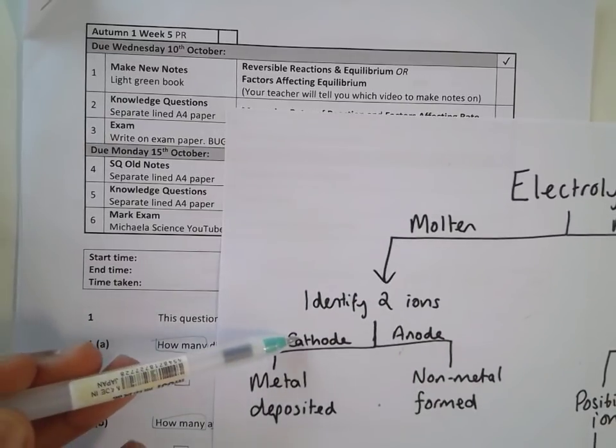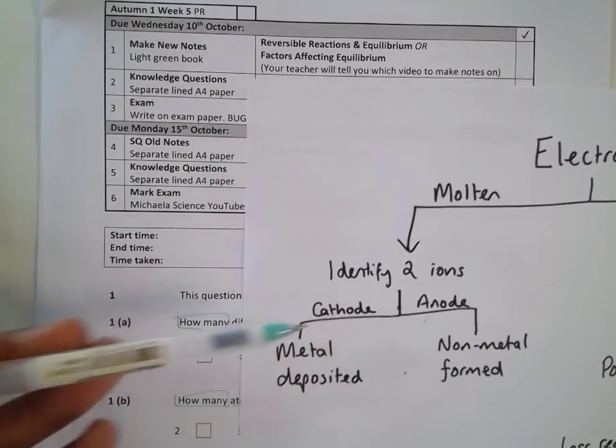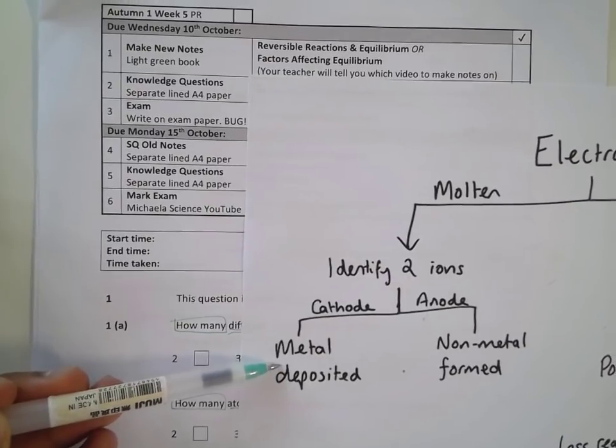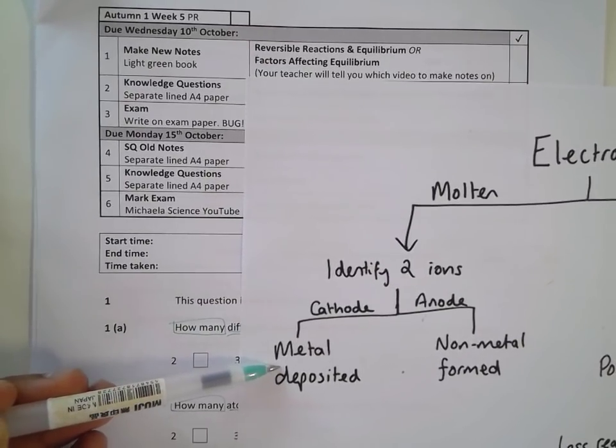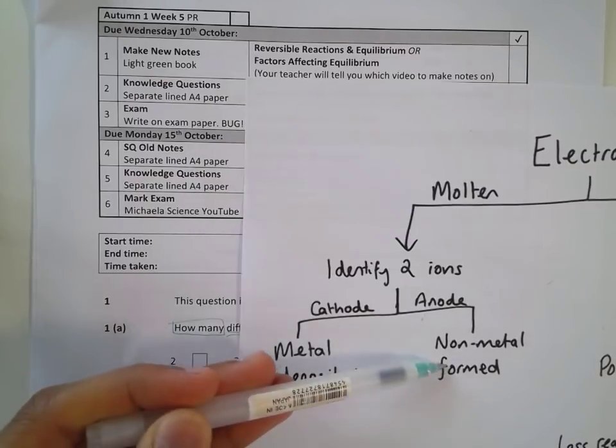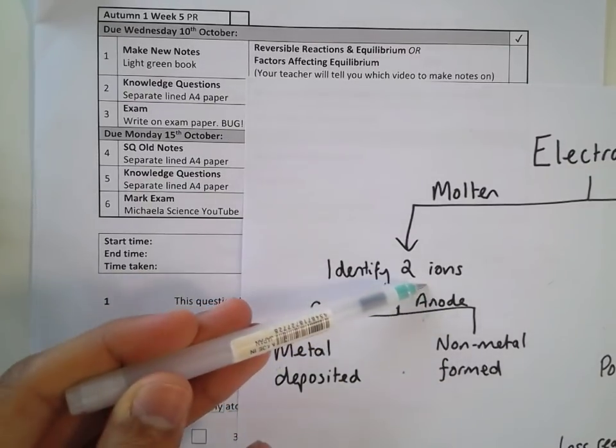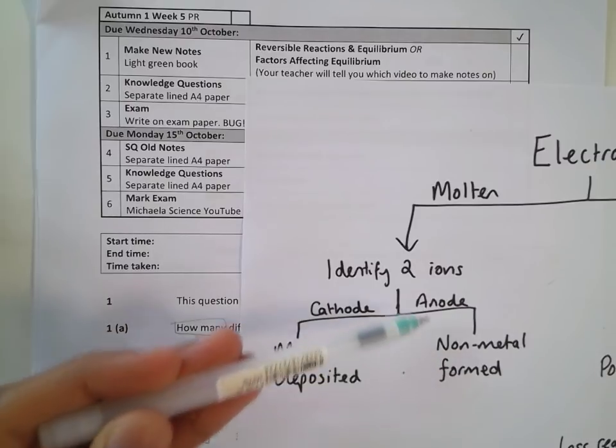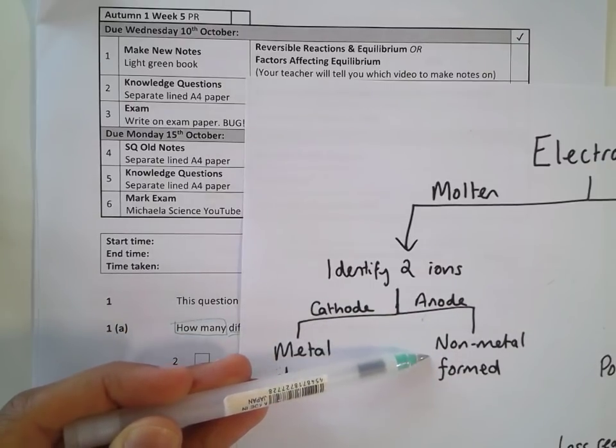The positive ion will go to the cathode and you will form a metal, because in electrolysis ions are discharged and become metals. At the anode, the negative non-metal ion will go to the anode and become a neutral element, a non-metal.